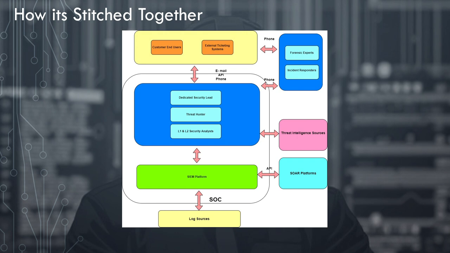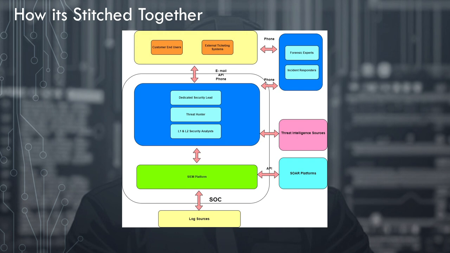Now, to summarize this slide, for example, right at the bottom, the log sources ingest data into a SIEM platform, and the SIEM platform normalizes that data and makes it more visualized and user-friendly for the analysts to have a look. And analysts have a look, and they would compare that information with threat intelligence sources they get, and they will decide whether this is something that needs more attention, whether they will escalate to another level, or if they see an incident, they will allocate it to an incident responder.